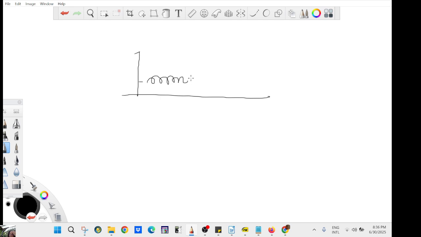So you have a spring here, you have a mass, you can stretch. So this is 0, you can stretch it here up to x. So the potential energy will be 1/2 kx squared. So the mechanical energy is 1/2 kx squared here.